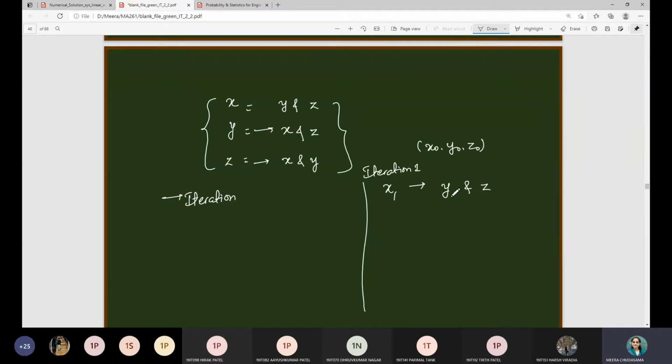First substitute y and z with the initial approximation in the expression for x1. Then you will get the first approximation of x. After that, while considering y1, in the previous method you substitute x0 and z0 as the x and z values, right?